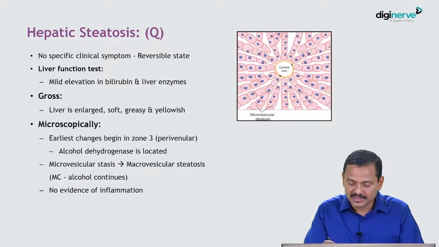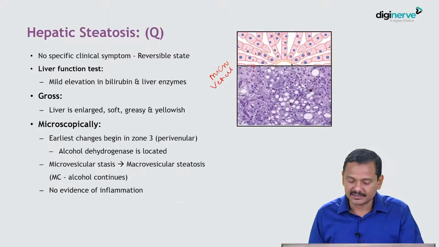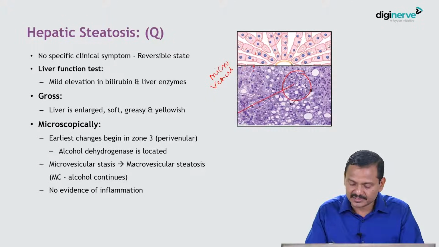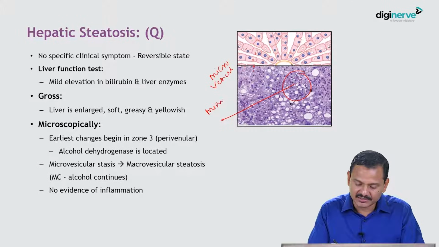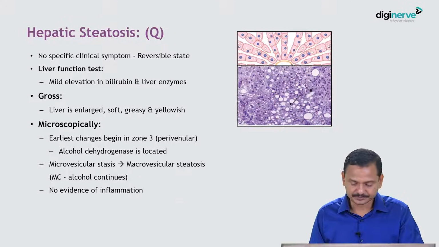If you see this, these small white areas are actually droplets of fat, and that is microvesicular. Okay, and here in the actual picture you can also see that there is microvesicular change in this area, whereas in this area you are finding macrovesicular change.